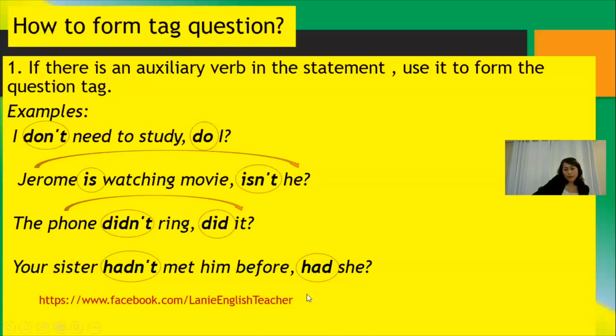So begin your tag with positive word, which is had. Hadn't becomes positive, which is had. All right, and she here refers to the noun sister, which is the subject of the statement. So your tag now is this, had she. Again, your sister hadn't met him before, had she?